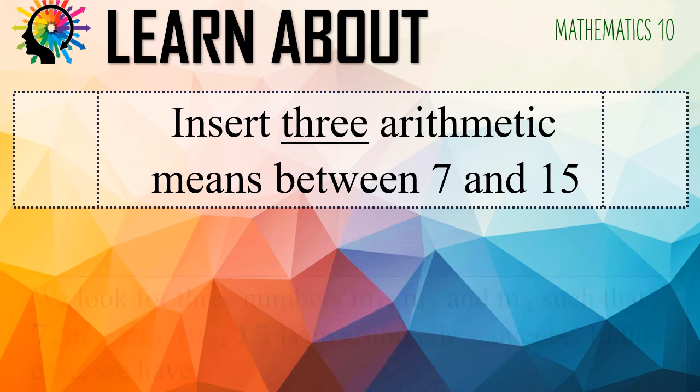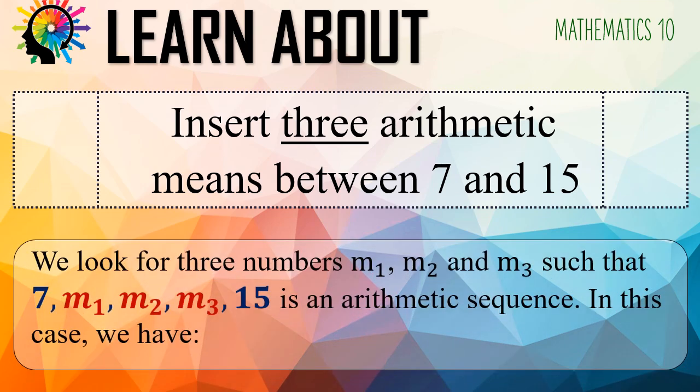Here, we are given two terms already, 7 and 15, and we are asked to insert 3 arithmetic means between them. So the sequence would be 7, then the arithmetic means m sub 1, m sub 2, and m sub 3, and then of course 15.